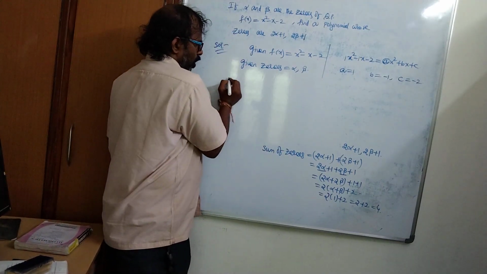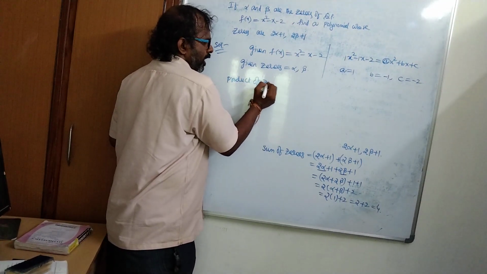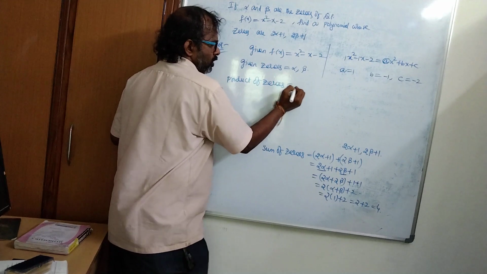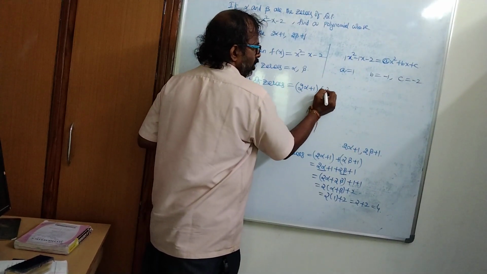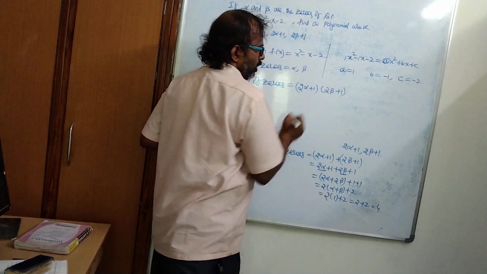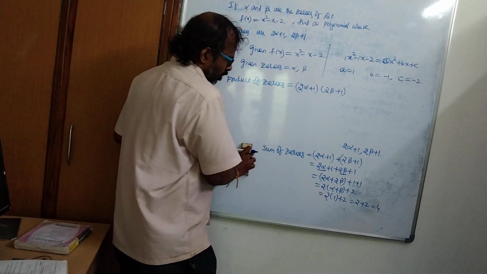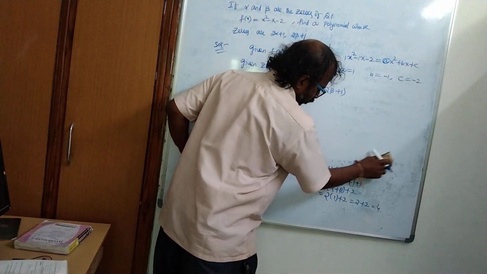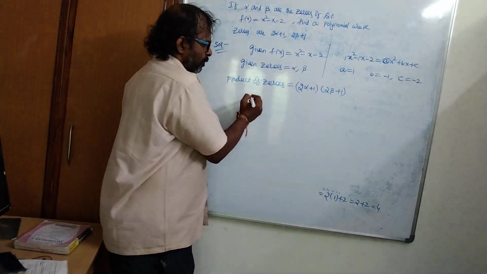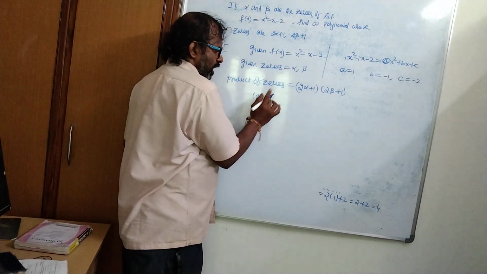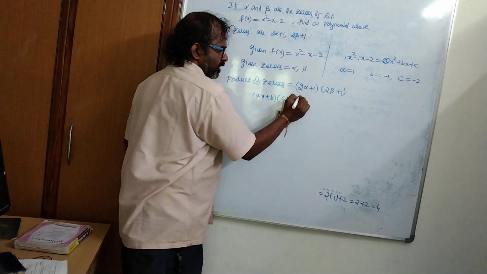So here the product of zeros is equal to (2 alpha plus 1) into (2 beta plus 1). Now we have one formula: (ax plus b) into (cx plus d).